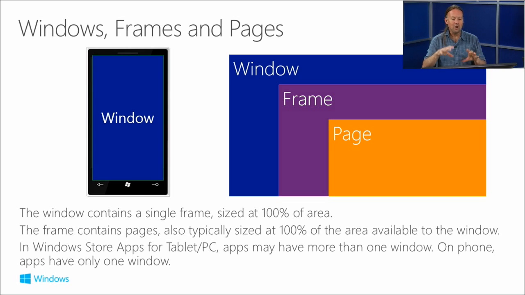On Windows Phone, we've only got a single window, which is the whole display area. Inside that, you've got this thing called a frame. Most apps only have a single frame. Some of the SDK samples do wacky stuff with extra frames, but for most of us you're only going to want a single frame, which is invisible, and is another container that sits inside the whole area of the window.